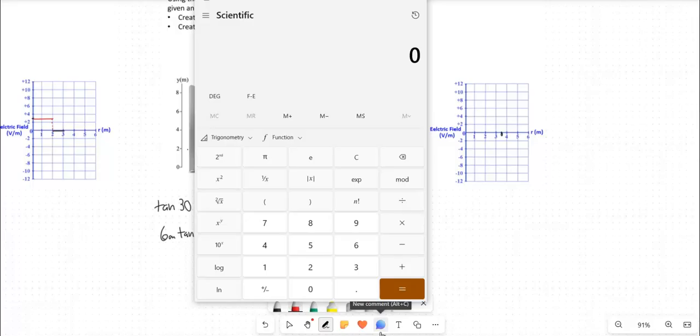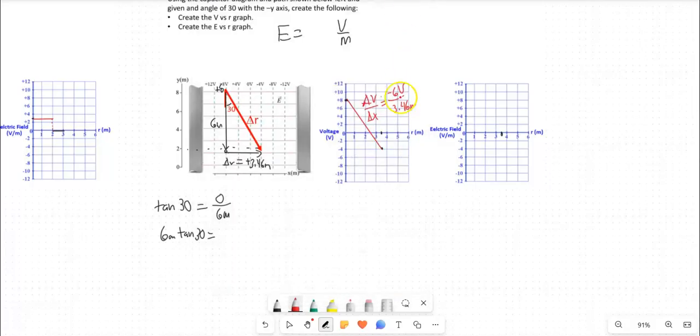So negative 6 divided by 3.46 is negative 1.73. So this is going to work out to be negative 1.73 volts per meter, which, again, we have to make positive.